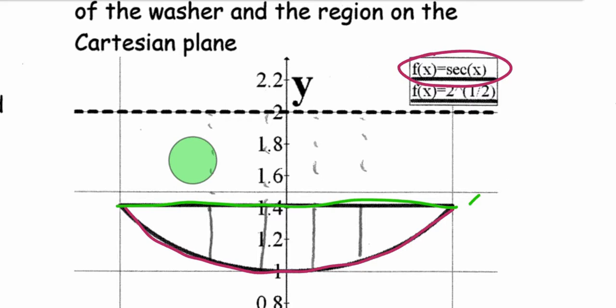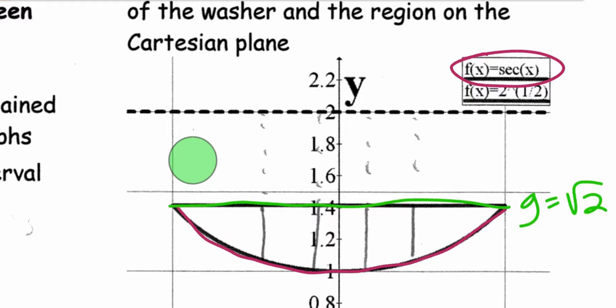That is our g of x, which is equal to square root of 2. And then we have our axis of rotation up here, which I will put in orange, and that is y equals 2. Again, you can see that the axis of rotation is above our region that's being rotated.